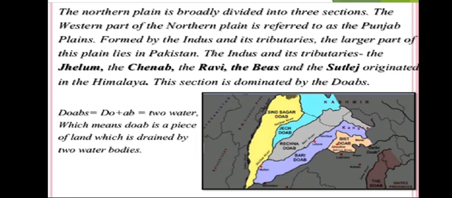The Indus and its tributaries, the Jhelum, Chenab, Ravi, the Beas and the Satluj originate in the Himalayas. This section is dominated by Doabs. Now, what is Doab? It means two waters, which means Doab is a piece of land which is drained by two water bodies.